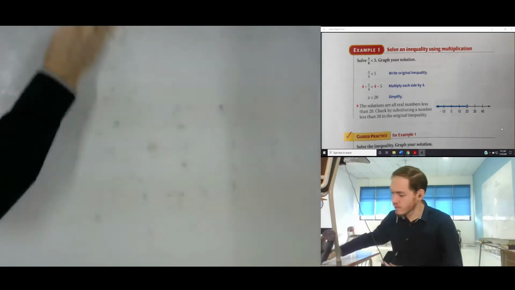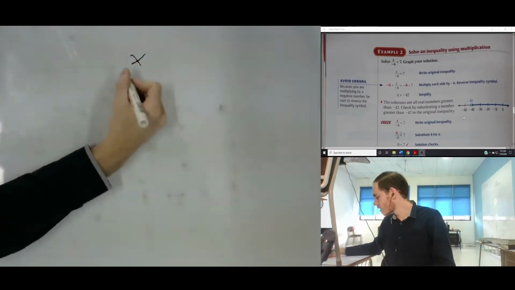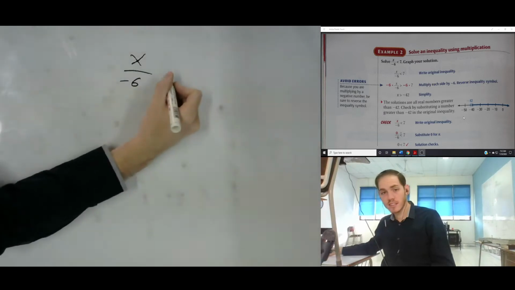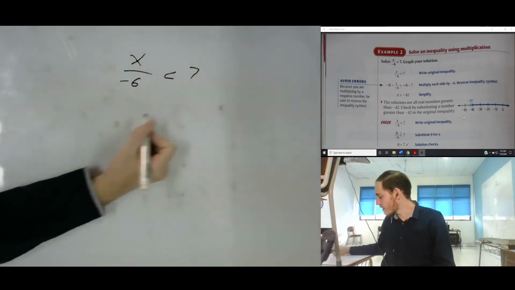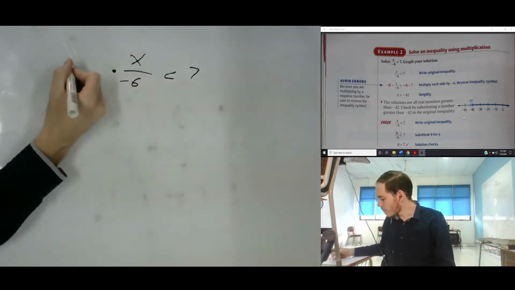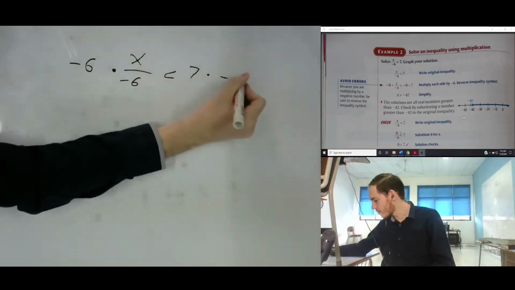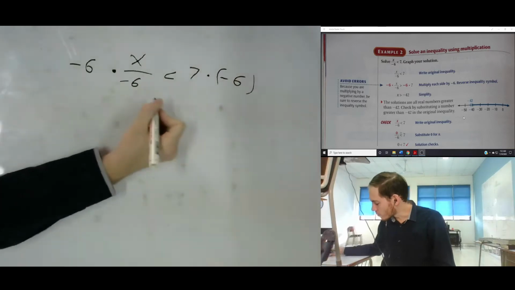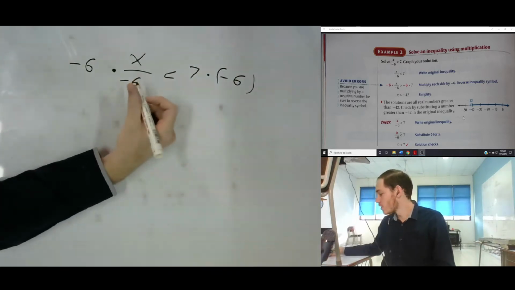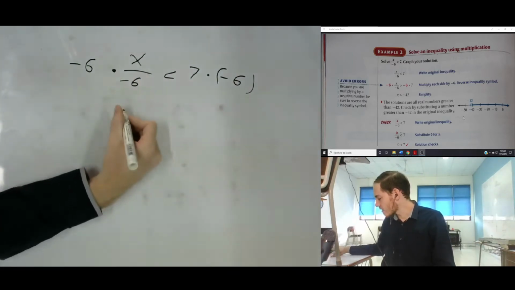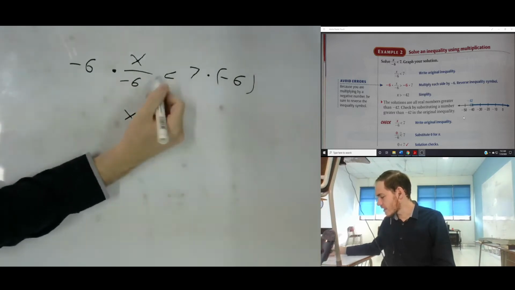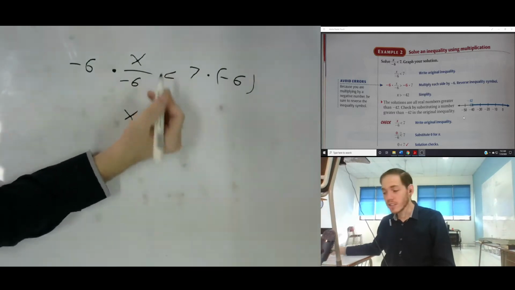Now, let's continue on. Let's do a negative. x over -6 is less than 7. So we multiply both sides by -6 to get the x by itself. What happens to this sign right here? The sign switches.